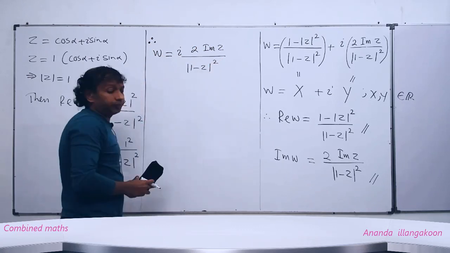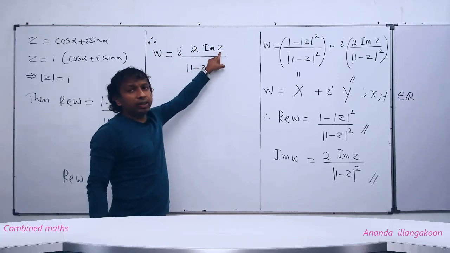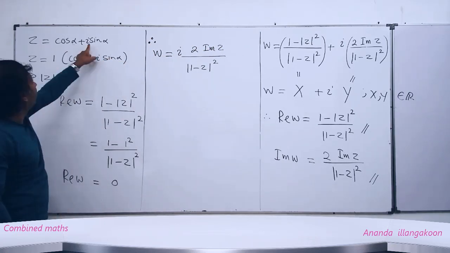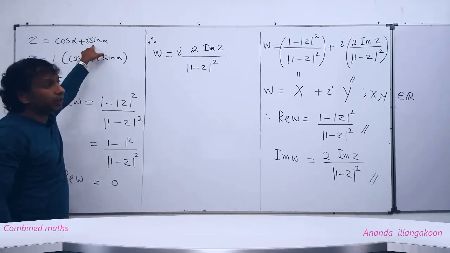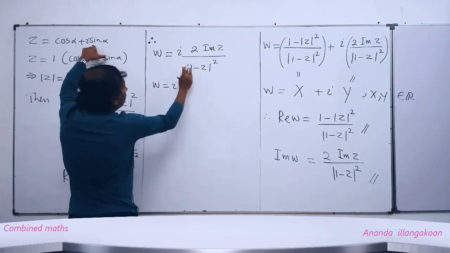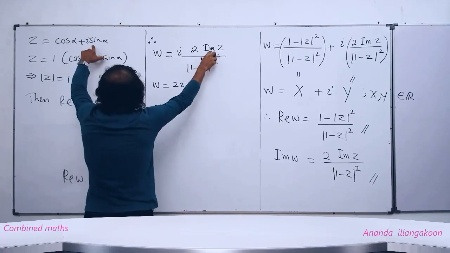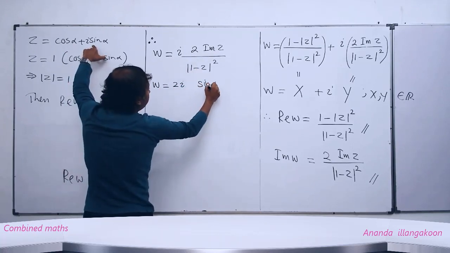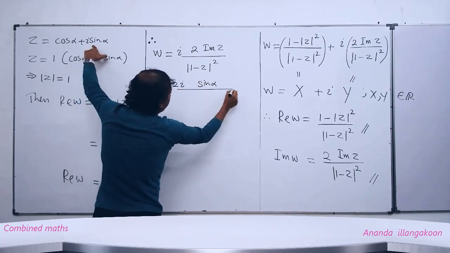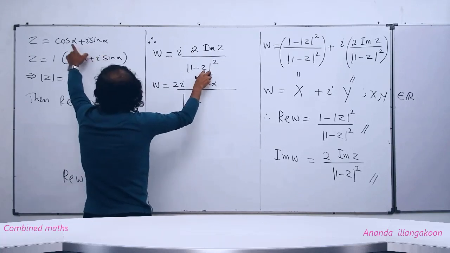Right. Now, people, we have to substitute for this. What is the imaginary part of z? Z is this, no? Imaginary part of z is sin alpha. Then we can write W equals i times 2y, and here y means sin alpha, divided by modulus of 1 minus z, that is cos alpha plus i sin alpha, squared.